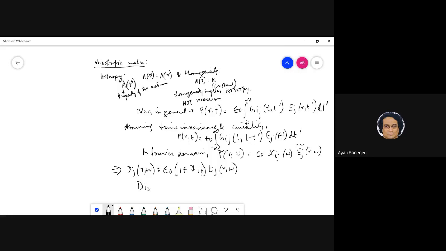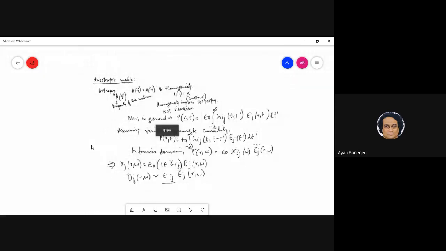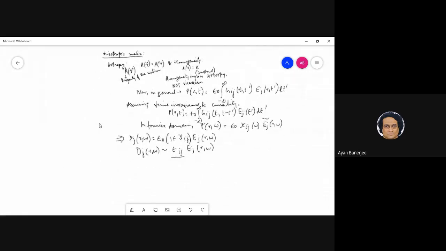The relation you will find in most books is something like epsilon_ij E_j(r, omega), where this is now a matrix, not a constant anymore. We can elaborate on the ij part.